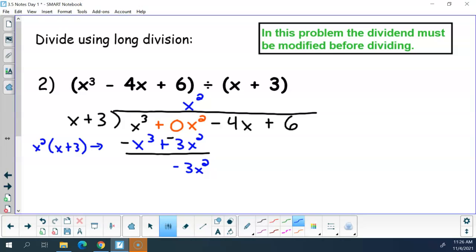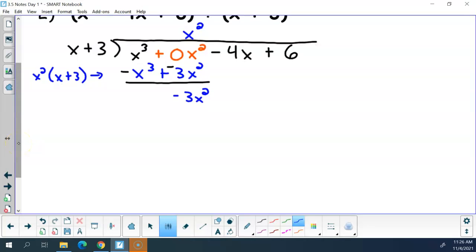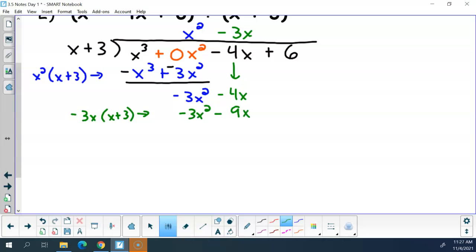Not yet. I'll drop down the negative 4x. Multiply by negative 3x. Negative 3x squared minus 9x. Then what? Change the signs.